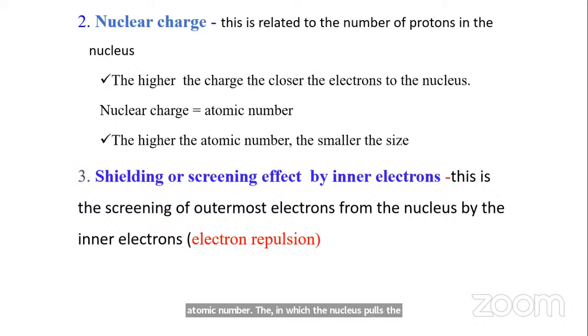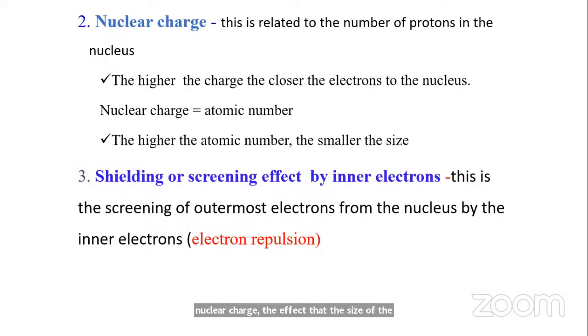So the higher the nuclear charge, the closer the electrons are to the nucleus. And the higher the atomic number, therefore, the smaller the size. Because the more it pulls the electrons closer to the nucleus, the smaller will be the size of the atom. So the higher the atomic number, or the higher the nuclear charge, we expect that the size of the atom will reduce.